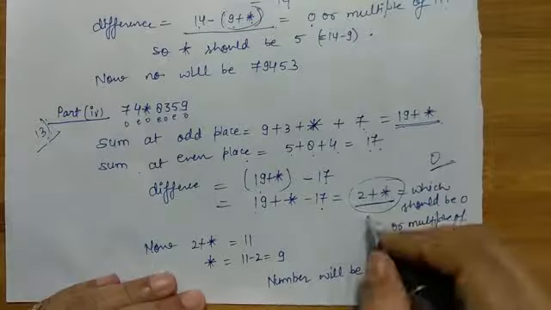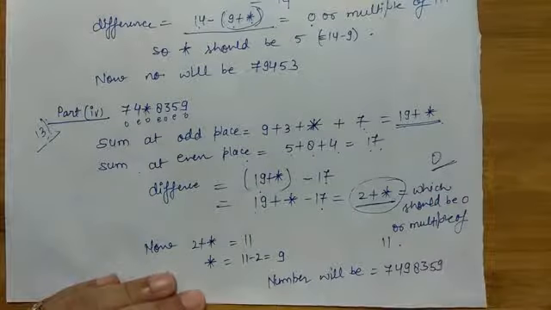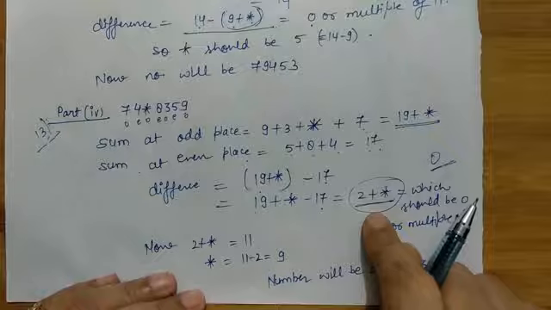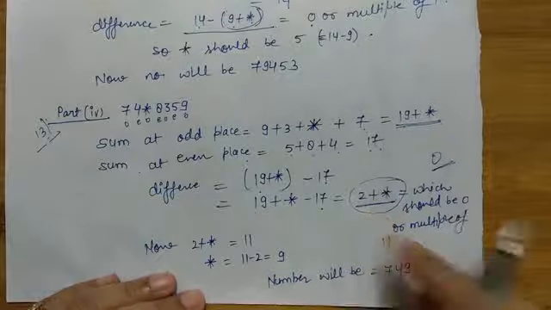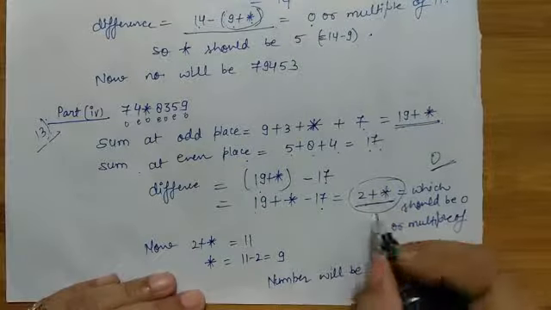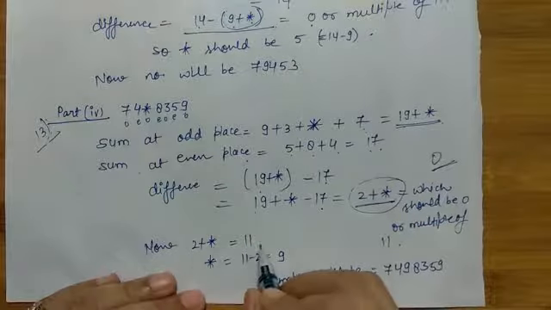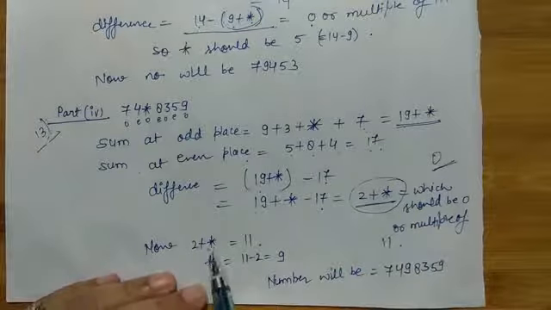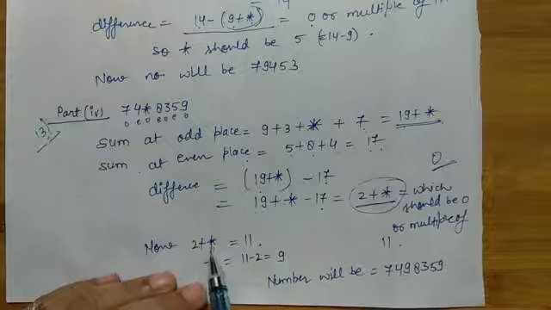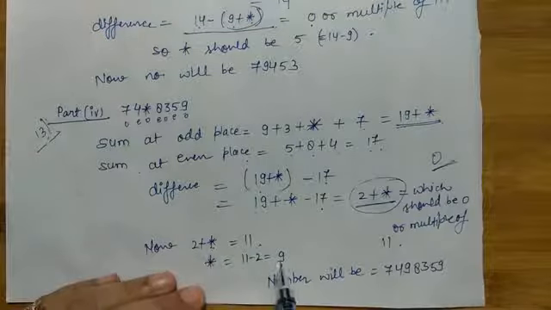What can we have so that this number will definitely be divisible by 11? We can have 11. If we want 2 plus asterisk to equal 11, what can we add here? 9. We know that 9 plus 2 is 11, so asterisk will be 9.